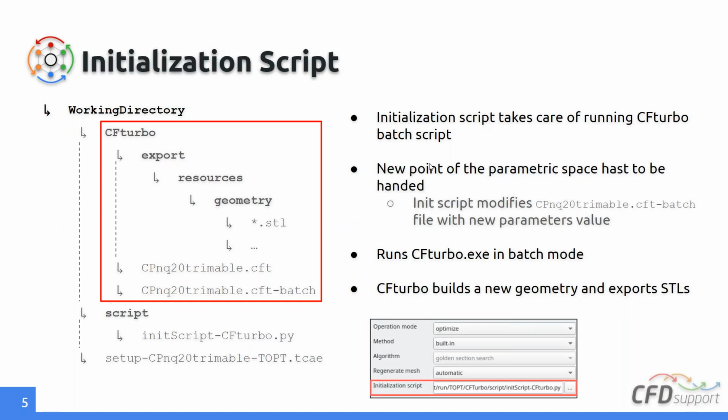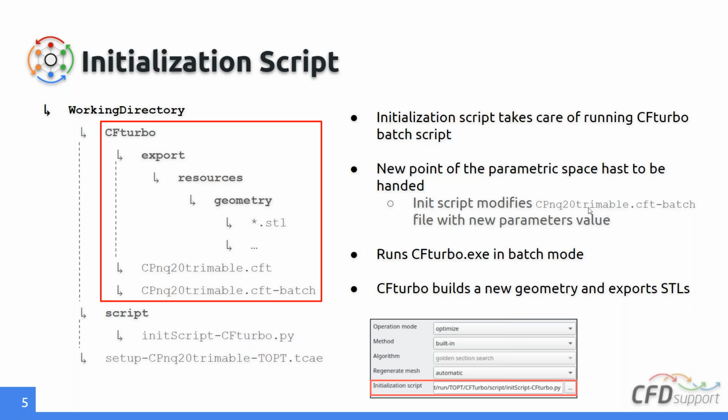So the initialization script takes care of running the CFturbo batch script. The new point of the parametric space has to be handed over, and we do it via modification of the CFturbo batch file.